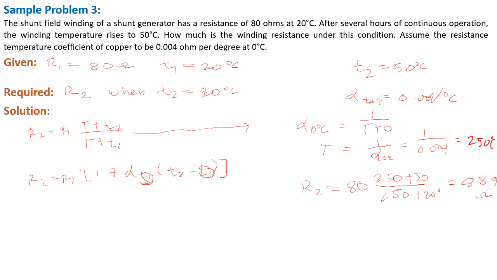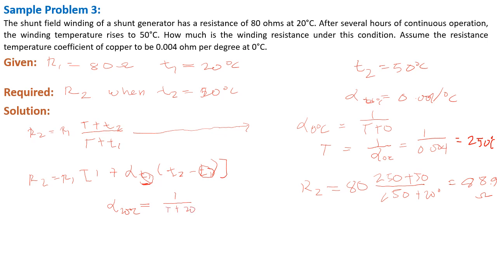Okay, so if you will solve this problem using the other formula, you need to solve first your alpha at T1. We have R1 which is 80 ohms, we have T1 which is 20 degrees Celsius, T2 which is 50 degrees Celsius, but we don't have alpha T1, because your alpha T1 here should be alpha at 20 degrees Celsius. So of course this is T right here plus 20.